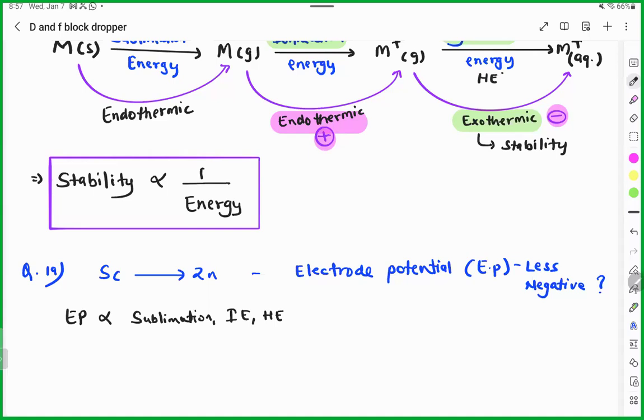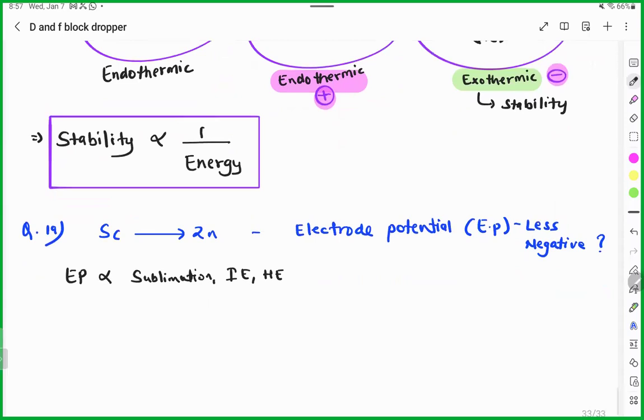Understood? So these are the three energies that we are talking about. If we are saying the value is less negative, it means the negative portion is decreasing, the positive portion is increasing. What could be the reason? What is increasing out of these three? We know only ionization enthalpy increases along the period.